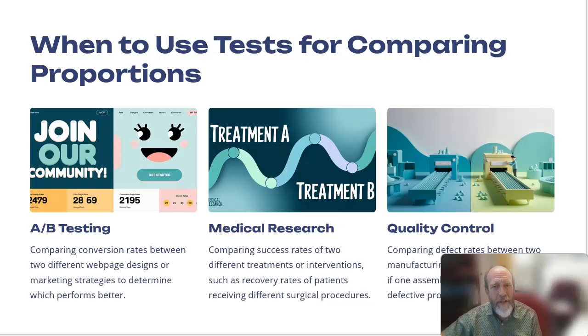So when to use it? One of the typical ways is the good old A-B testing scenario, group A and group B. That is a very common one. The other one, and I don't do a ton of medical research, is quality control: am I getting a higher, the same, or a lower level of defects in two different samples of things going through a manufacturing process?